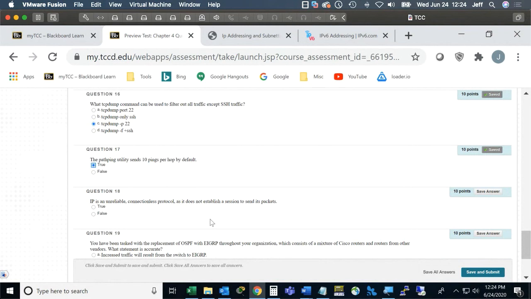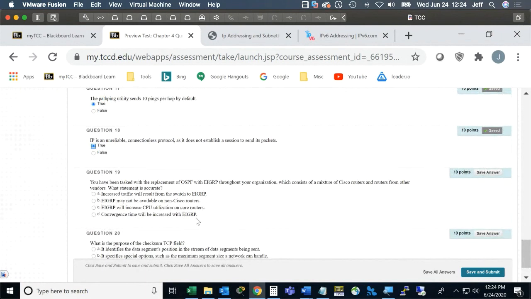It is unreliable. Right, it's true. TCP is the one that's controlling it. TCP does all the controls and connections. IP doesn't care.